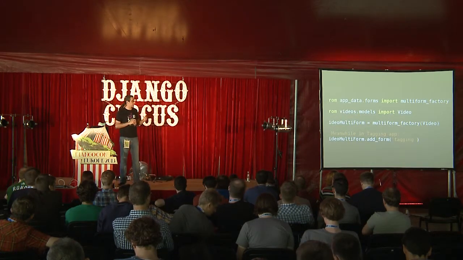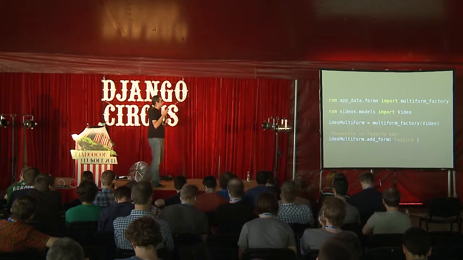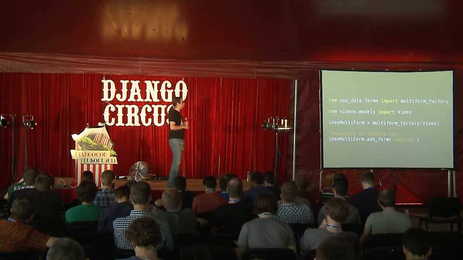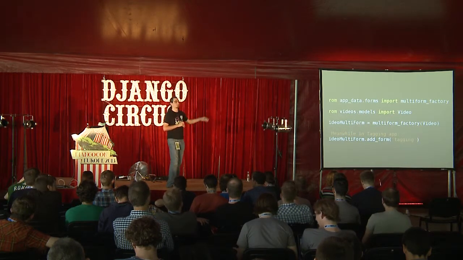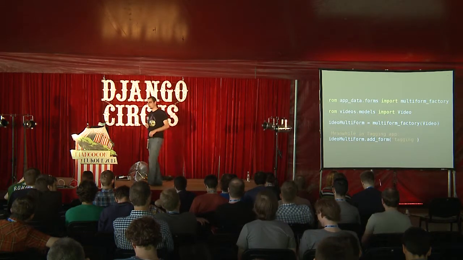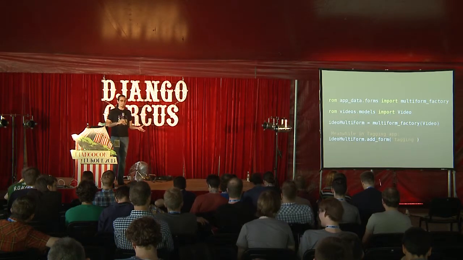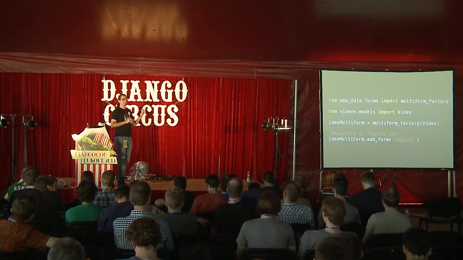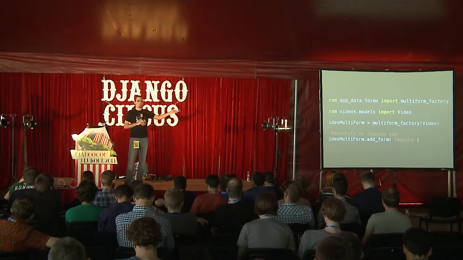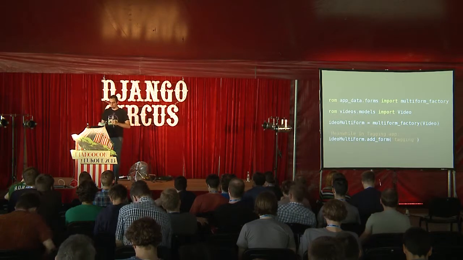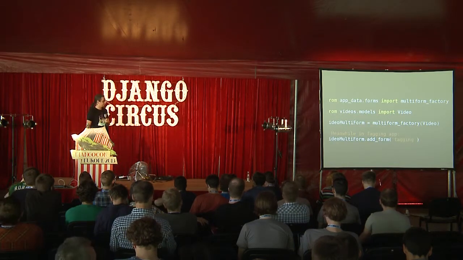So this will basically add the model multiple choice field that we defined 2 slides earlier and add it to all the video multiforms out there. So whenever I'm using a video multiform in a view, in a template, suddenly, magically, I'll have one additional field that will enable me to just specify tags.